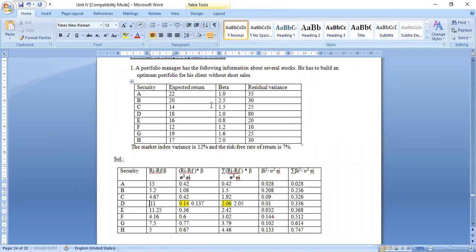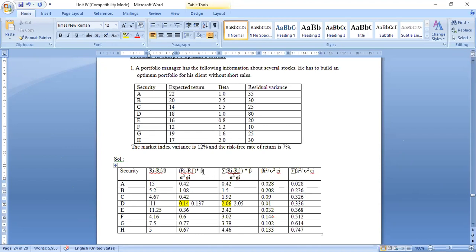So you can just skip that particular part of ranking and proceed with the further calculation, because at the end the values which have got lower returns or lower Ci will be eliminated for selection of stocks in the portfolio.